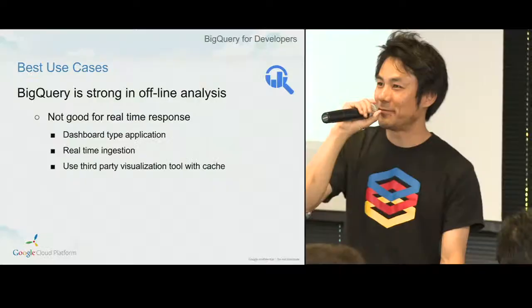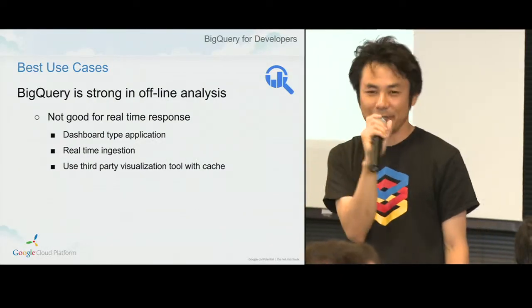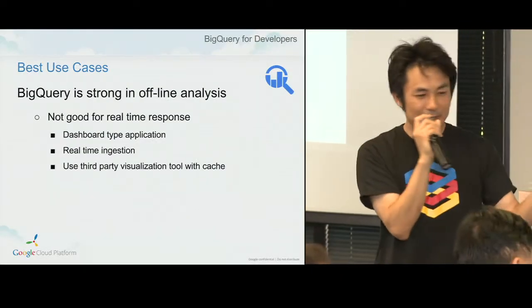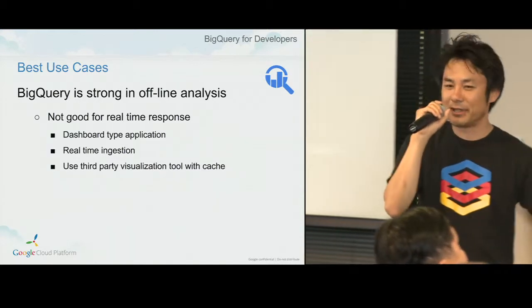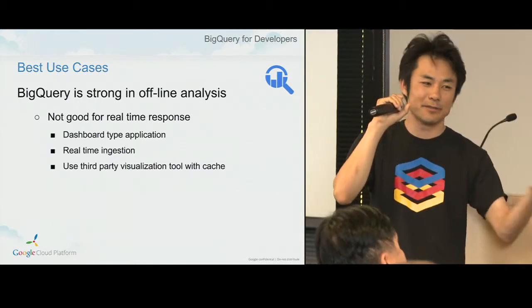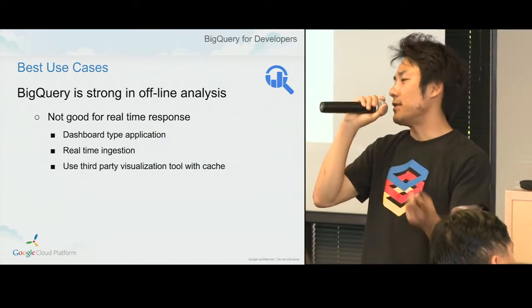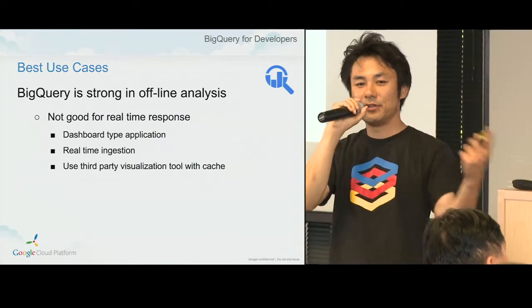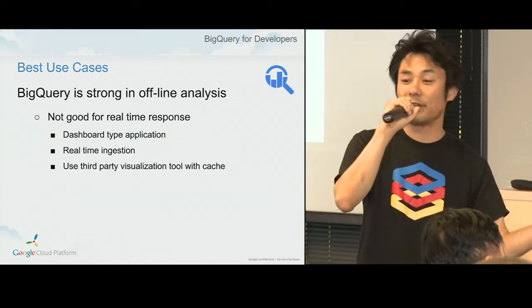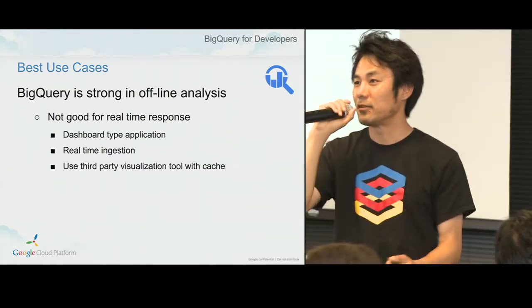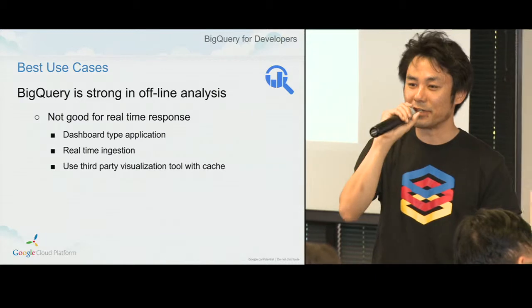Close to the end. Okay, so these are the best use cases for BigQuery. I've talked many times about how BigQuery is a very fast analysis engine for huge data. But when we say fast, you already know it still takes 20, 30 seconds, or maybe a minute for some queries.